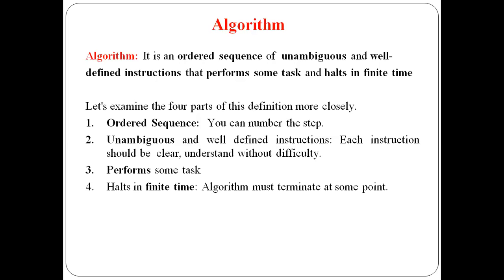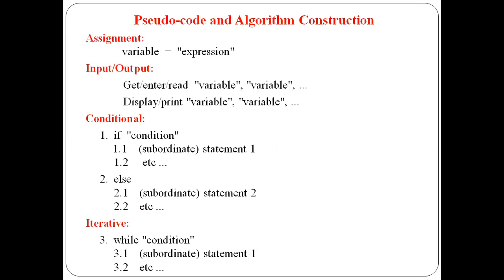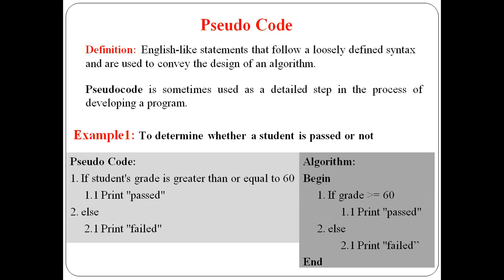So the instructions which you are giving must be clear and must be understood without any kind of difficulty. Next, with those instructions, the system must perform some task, and once the task is performed, the algorithm must stop. So this is about algorithm.